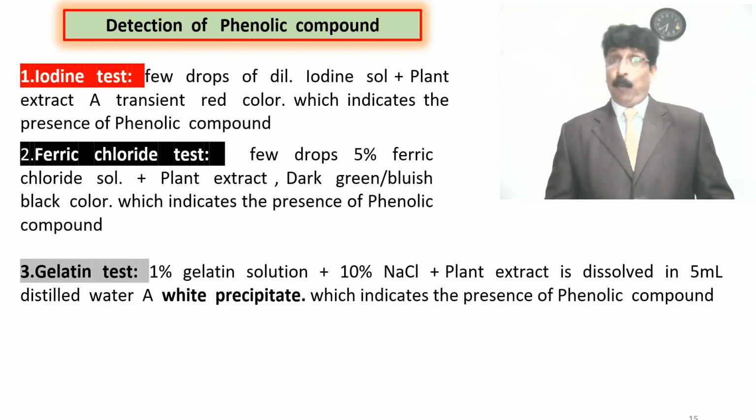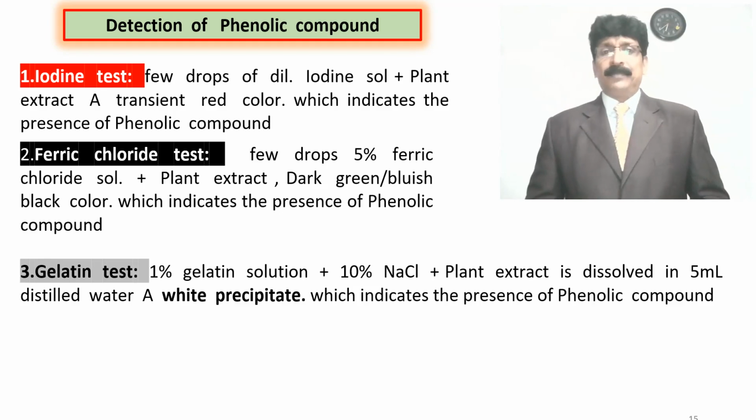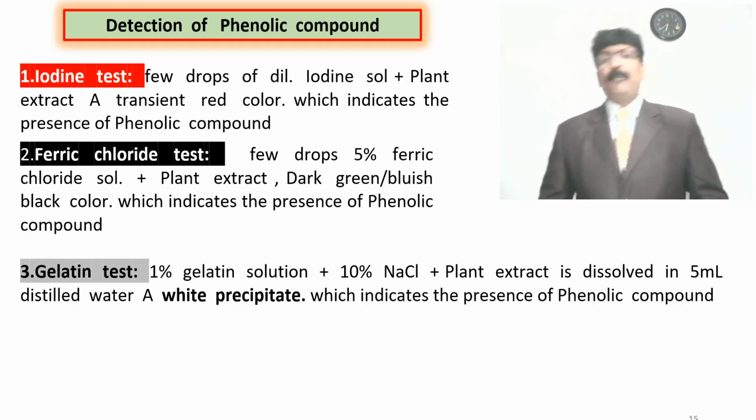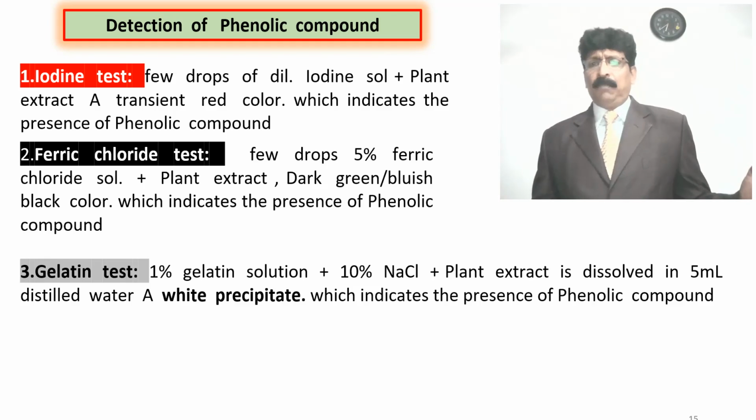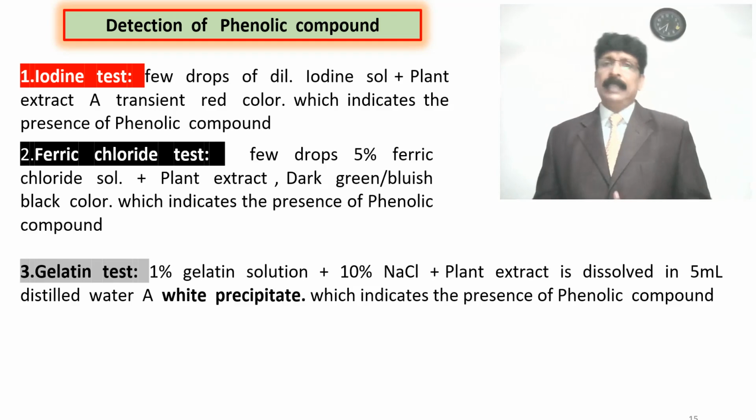A white precipitate is formed, indicating phenolic compounds. These are all just for identifying phenolic compounds. Now we can go for specific tests for tannins and flavonoids separately.